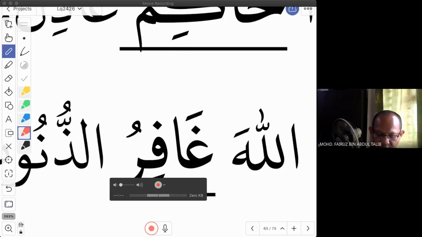Sometimes you can just translate it using the meaning of the fi'il itself: indeed Allah forgives sins. So this is another ismul fa'il, taken from the word ghafara. Now, that is the second word.